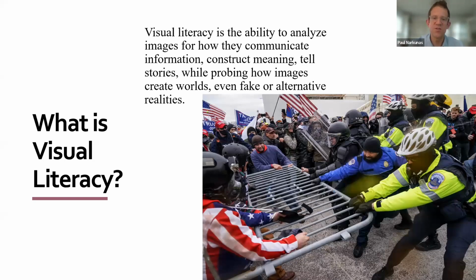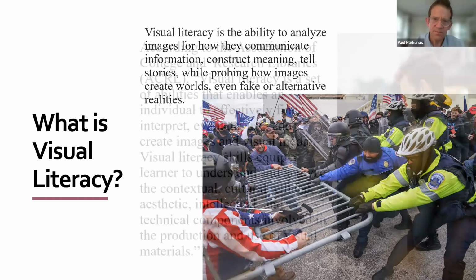I just use an image from January 6th, the sacking of the Capitol building, as a moment where media led to a real world insurrection against a fundamental structure and institution of our government. And it shows the ways in which the power of images has been able to do this.